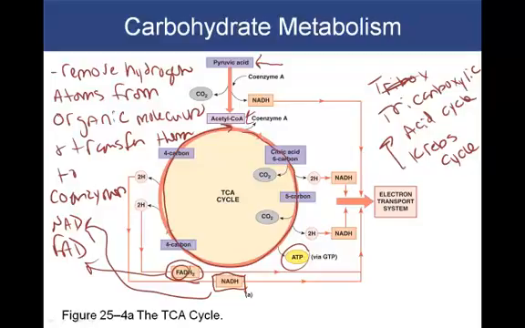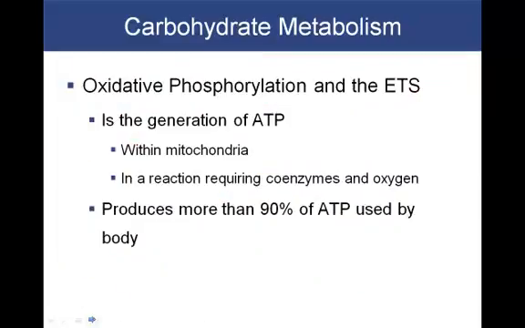The coenzymes, FADH2 and NADH, all end up, if you follow the arrow scheme, and enter what is known as the electron transport system. Within the electron transport system, we have a process that is called oxidative phosphorylation taking place.